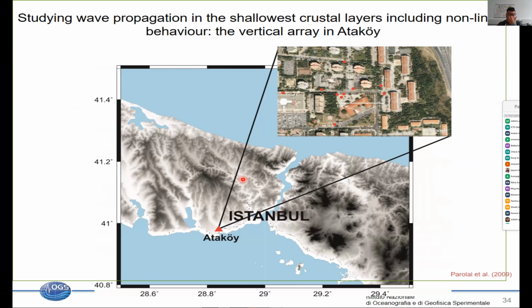So we applied this method working in boreholes in many sites. One of the sites where we worked at the beginning was in Istanbul. In the western part of Istanbul, we drilled a borehole together with a Turkish colleague. In the area around the borehole, we also made shear wave velocity measurements to have independent information about the underground structure.